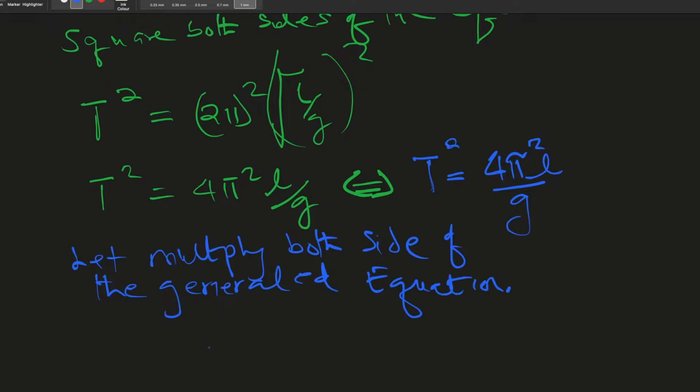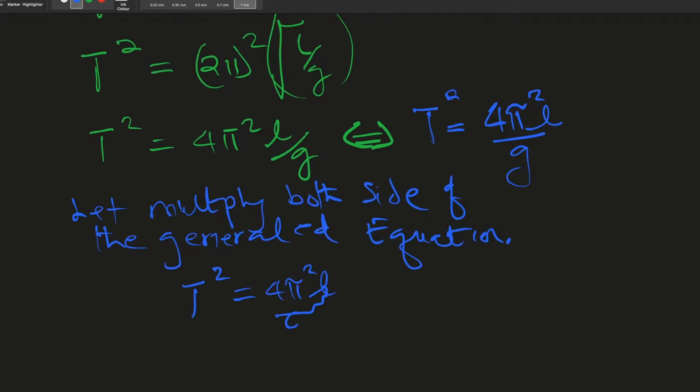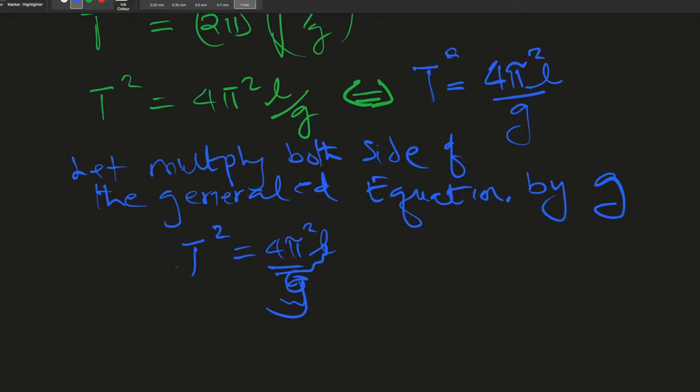Our equation is T squared equals 4 pi squared L over G. So we're going to multiply both sides of the equation by G. Then we'll multiply here and here by G, and here by G.